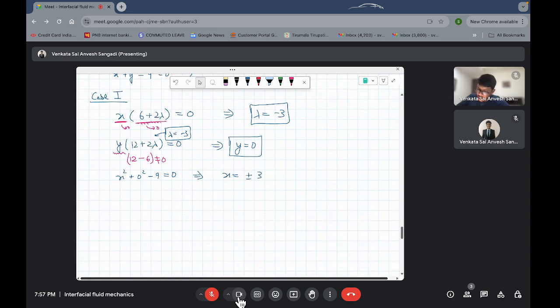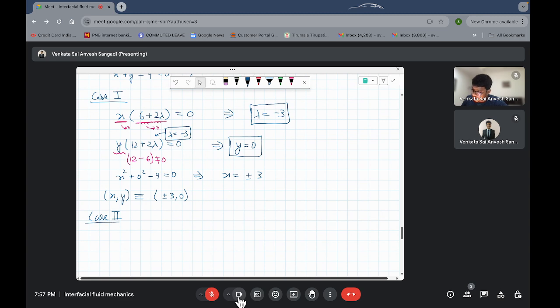Okay, so now the set of solutions x comma y is equal to plus or minus 3 comma 0.